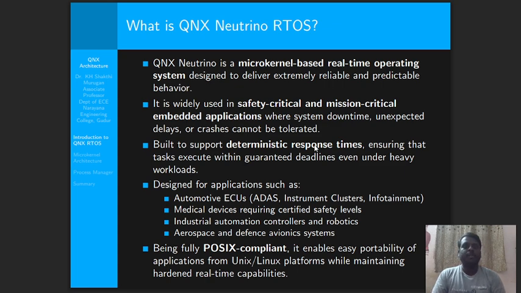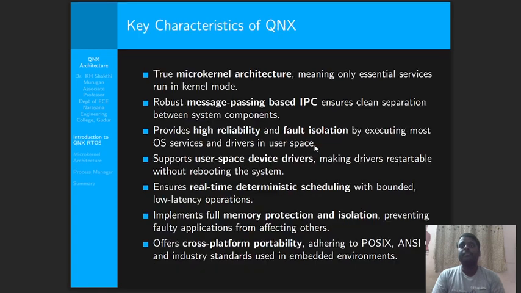It is built to support deterministic response time, ensuring that tasks execute within guaranteed deadlines even under heavy workloads. So it is designed for various applications like automotive applications, medical devices, industrial automation, aerospace, and defense avionics systems. And this particular RTOS is fully POSIX compliant, which is a major advantage.